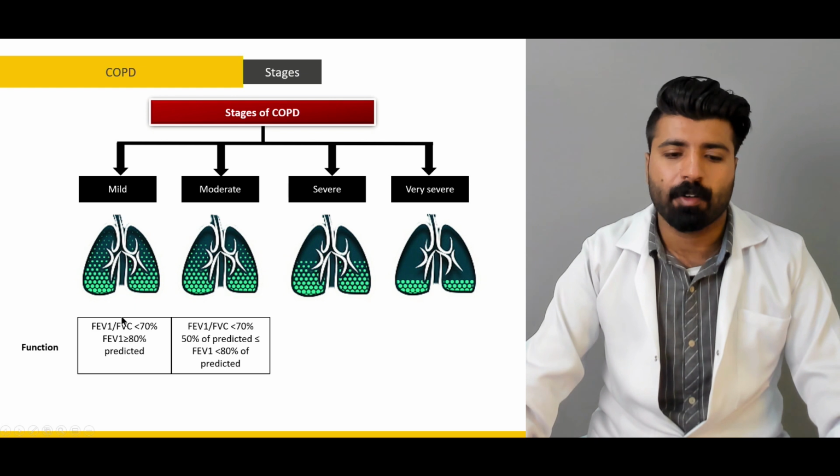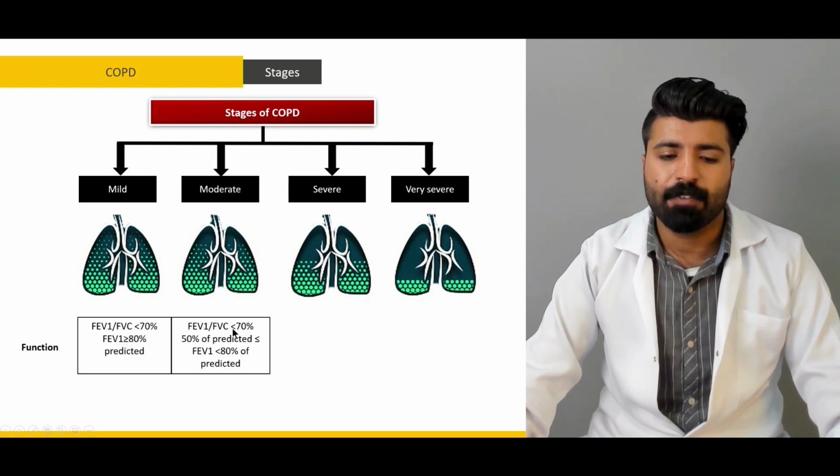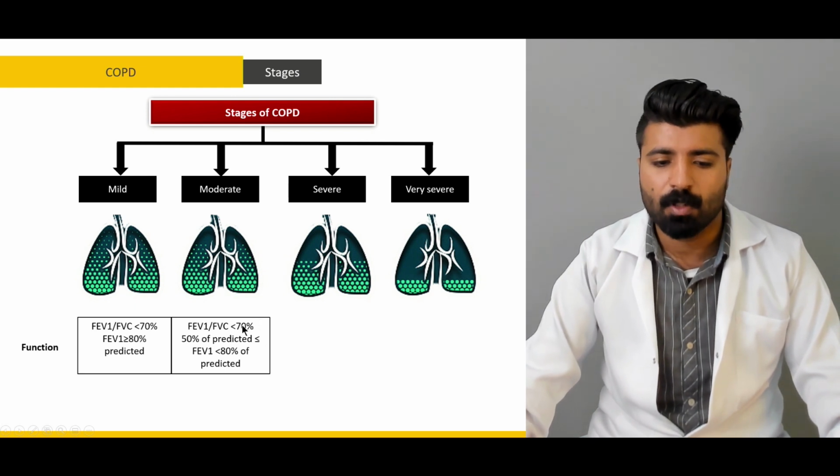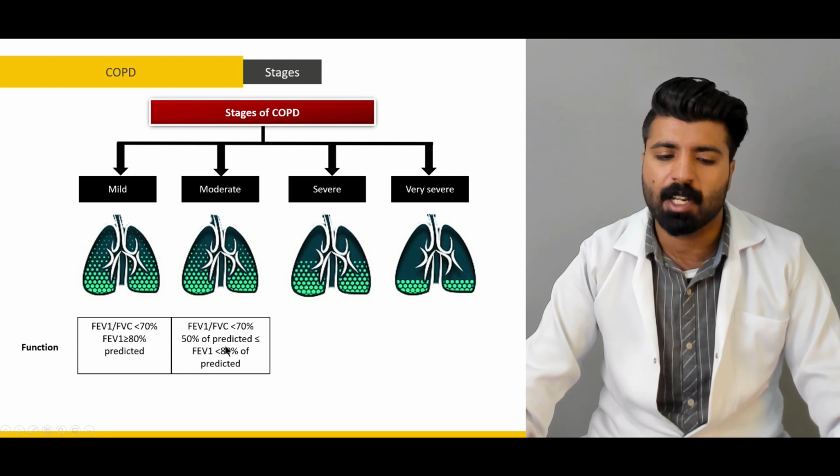What will happen in moderate? FEV1 over FVC is down to less than 70%, and FEV1 is between 50% and 80% of predicted. So in the mild form it was more than or equal to 80%. Now FEV1 is down to 80% of predicted or less than that.